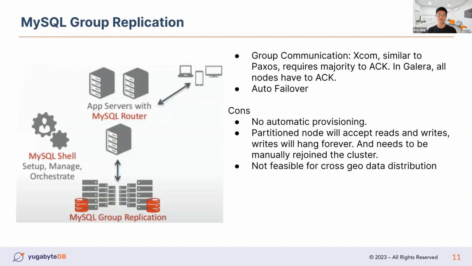Another HA architecture that is developed by Oracle MySQL itself is group replication, or we also call it InnoDB cluster.